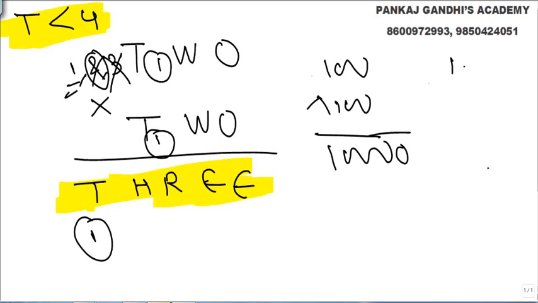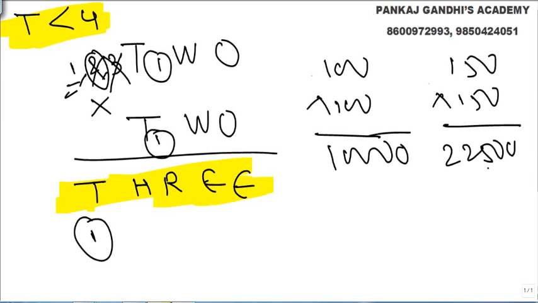But the problem is now, if we say 150 into 150, we get 22500. So what it means, if we have to maintain it, W has to be less than 5.